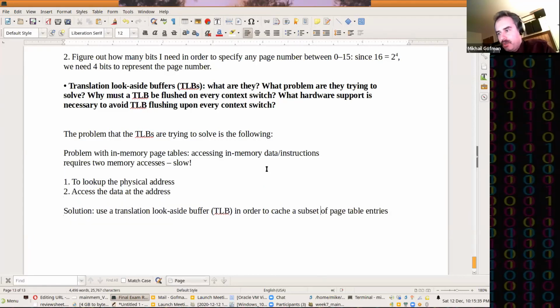So the solution is to use a TLB in order to cache a subset of page table entries, okay?